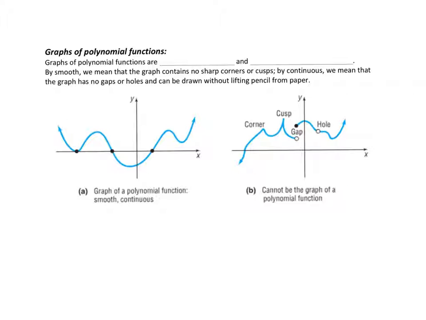Graphs of polynomial functions have to be smooth, and they need to be continuous. So they are curvy and smooth. They don't have any sharp corners or cusps, and they don't break apart, so there's no gaps, and there's no holes.